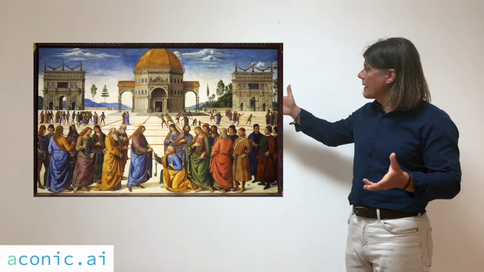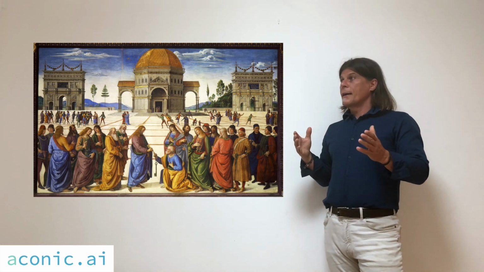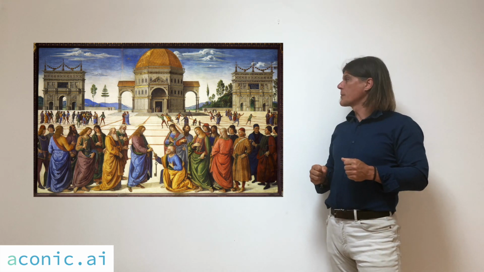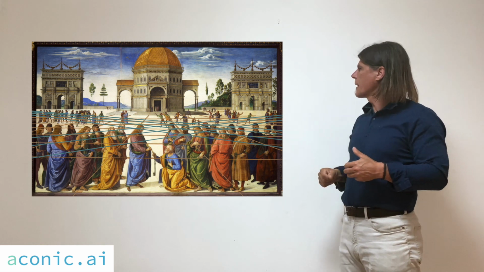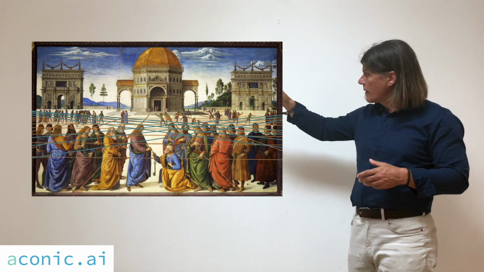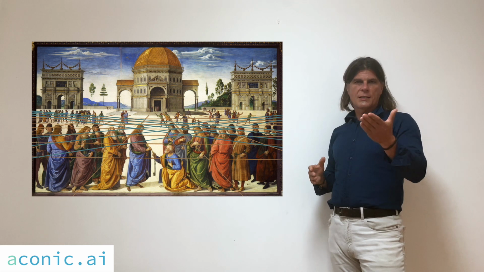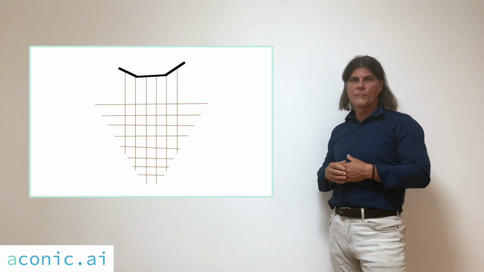Okay, so let me return to the original Perugino painting, and let's try to measure angles once we already estimated the image of the Absolute Conic. So as you see, these are the diagonal lines, or the lines of the tiling, and we also see the contours of the stairs of the building. And since we can measure the angles, we can actually reconstruct how it looks like from the top view.